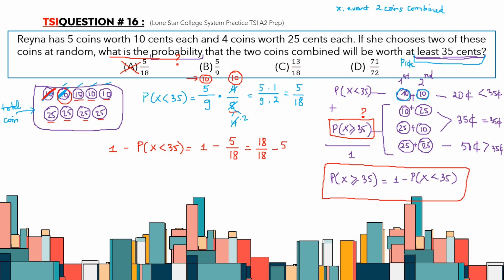Then we subtract 5 over 18. Now it's the same denominators, we can combine. We have 18 at the top minus the 5, and it's 13 over 18. And C is the correct answer.